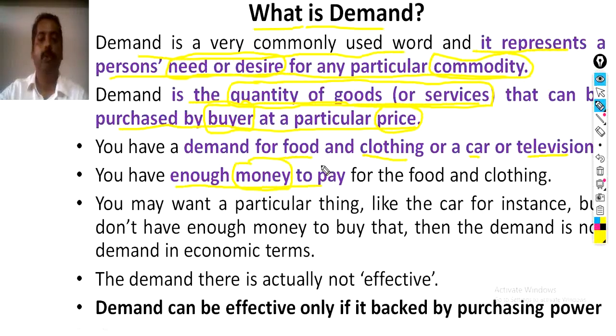One mobile may cost 10,000, one mobile may cost 20,000, and you may have purchasing capability up to 1 lakh or more. So according to our capacity of purchasing, or the money we have in our pocket, we purchase a particular product. If we have enough money, then we will be able to pay for the particular commodity or services.